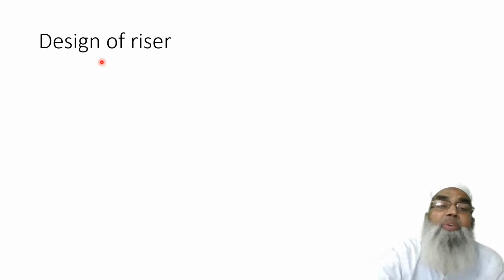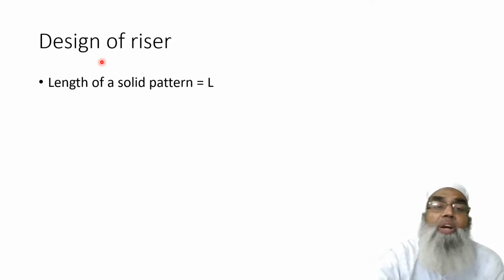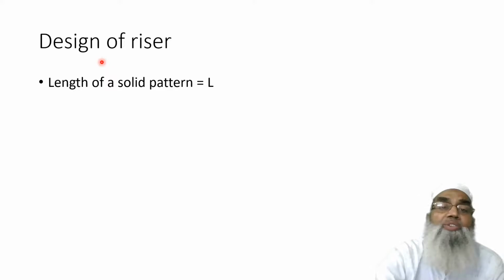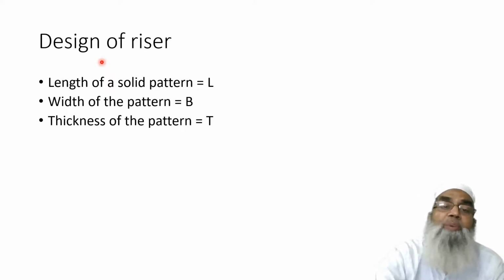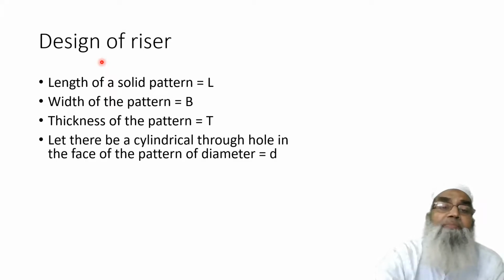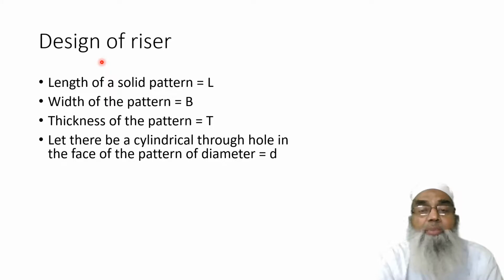Now we need to design a riser. If the length of the solid pattern is known, the width of the solid pattern is known, and similarly the thickness of the solid pattern is known, there can be, suppose, a cylindrical through hole in the face of the pattern with a diameter of d.